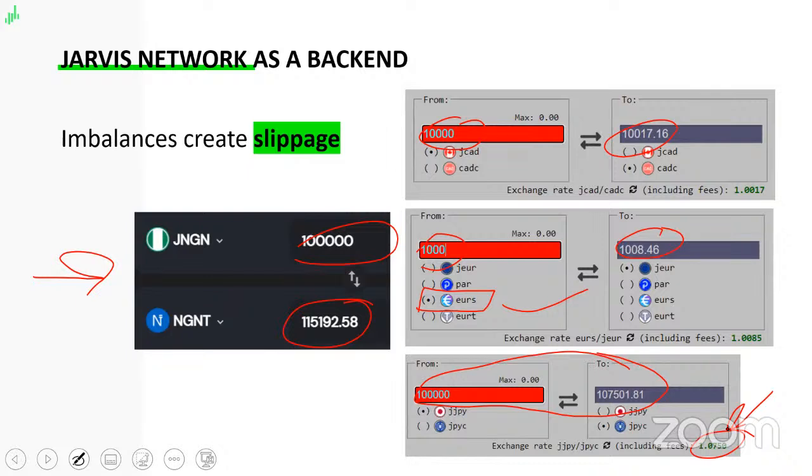Either you sell your GPYC for USDC, but the problem is that the liquidity of GPYC is very low. So the 7% that you have just won, maybe when you sell this GPYC for USDC on Uniswap, the slippage will actually be around 7%. So you will not make money.